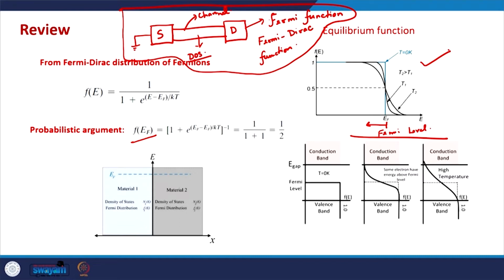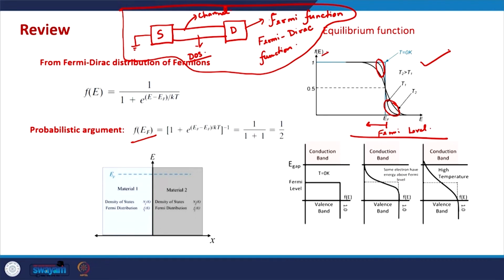As the temperature is increased, some energy levels very close to the Fermi level are not fully occupied. Now, as you can see, the Fermi function is no longer 1 here, and some of the energy levels just above the Fermi level are now occupied because the probability is now non-zero.